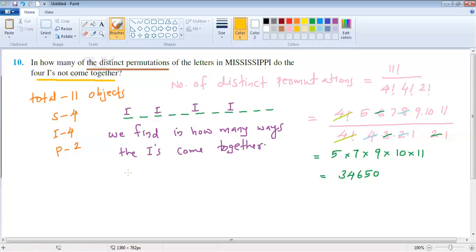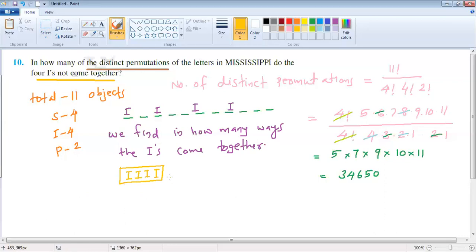So for that we will consider these four I's together. So किधर भी आएंगे तो it will come together. That means it is a single arrangement. You have to consider this as a single unit.